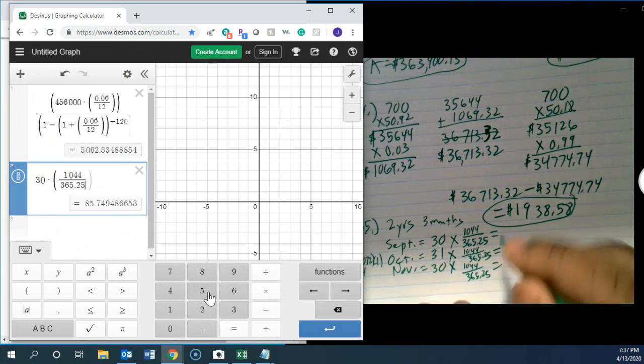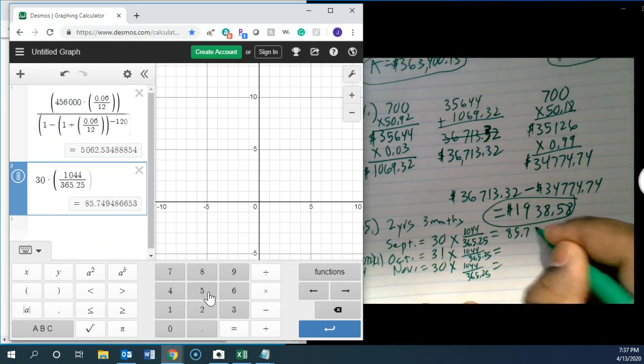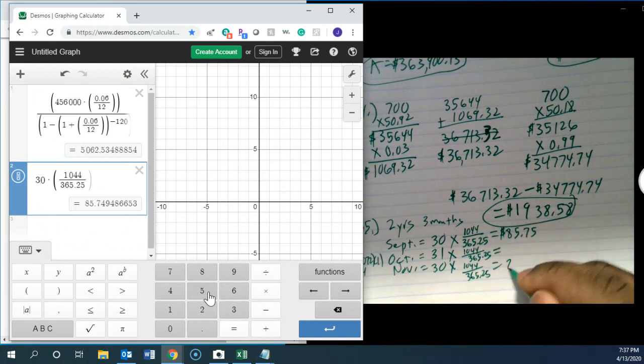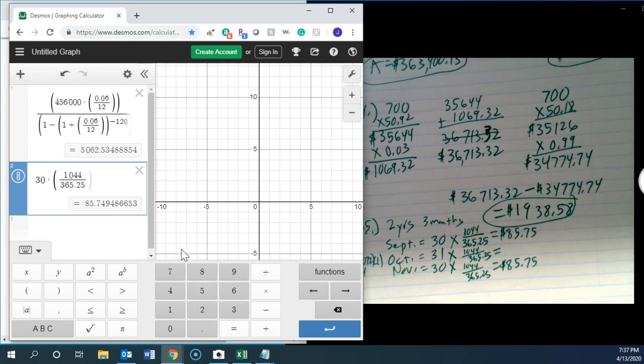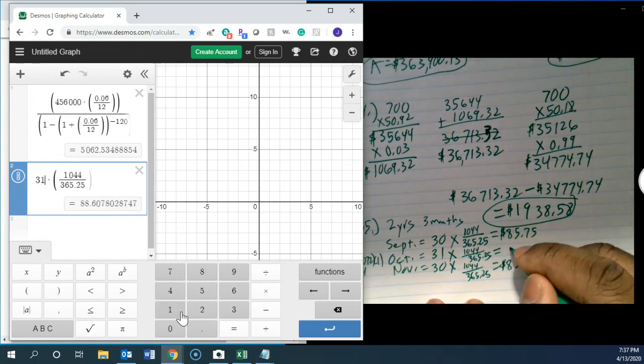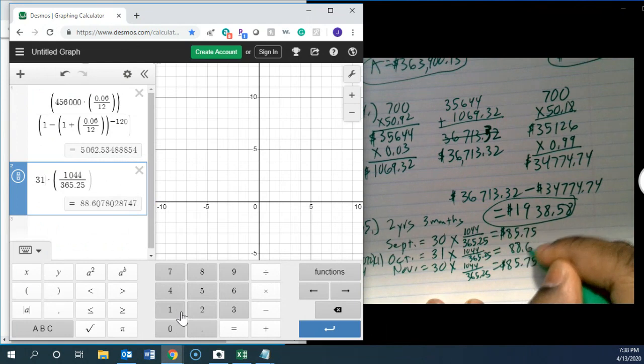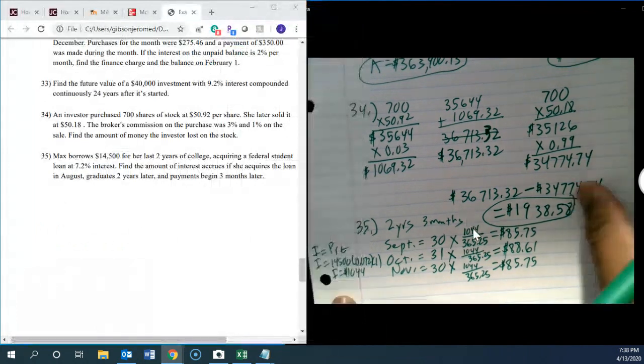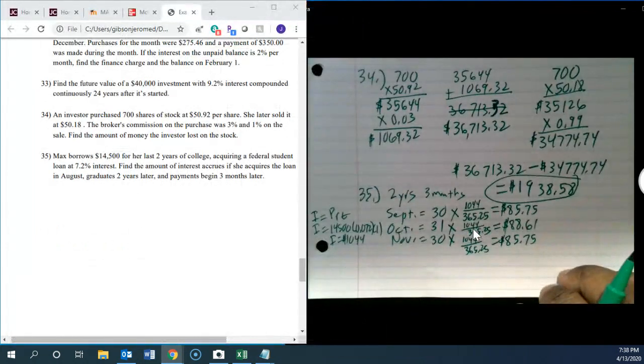So this will give us $85.75. So, you know, September and November will have the same amount because both are 30 days. So now all we have to do is find October. We could just change this 30 to 31, and then we will have October, which is $88.61.